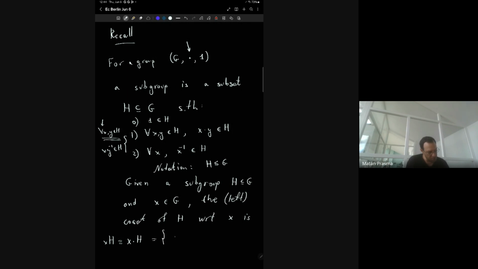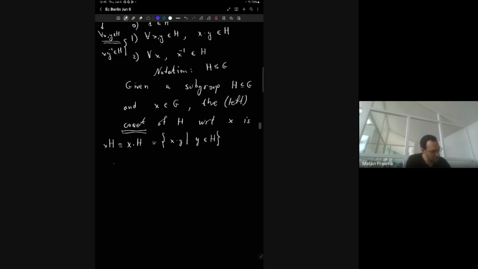This is the set of all expressions of the form X times Y, such that Y is an element in H. Okay? So the coset, you can think of it as a shift of the subgroup.